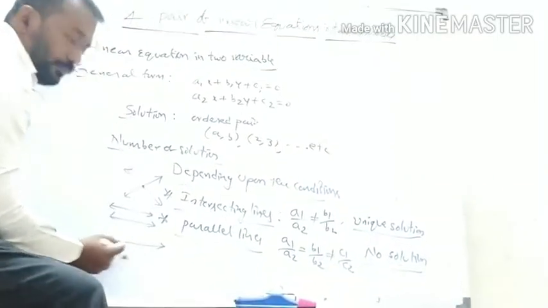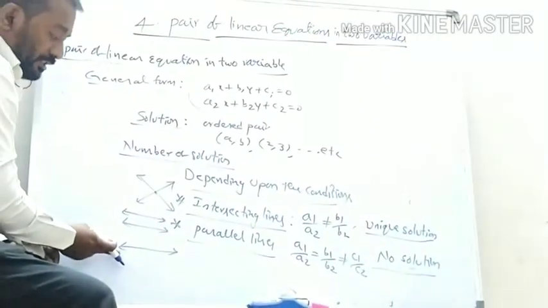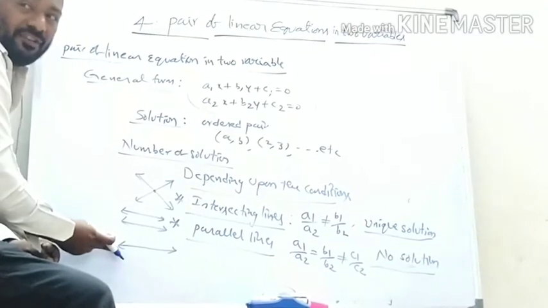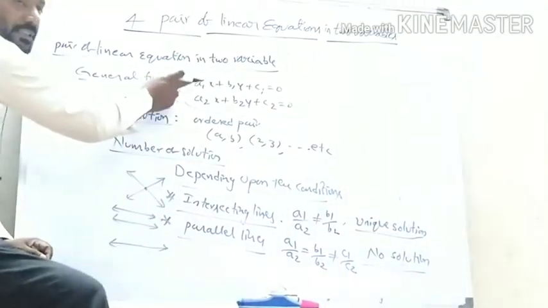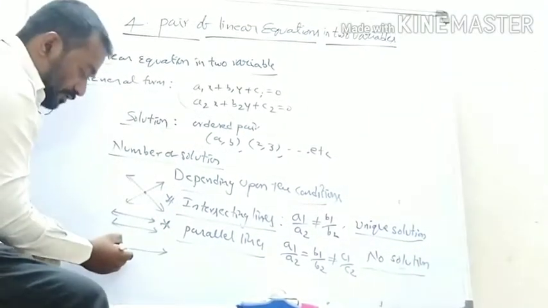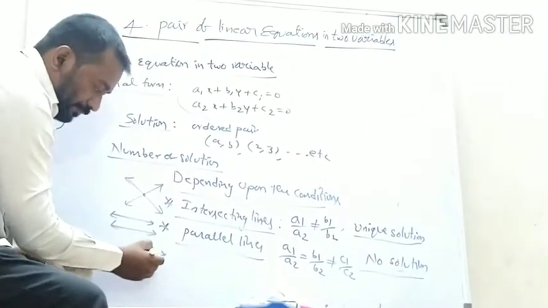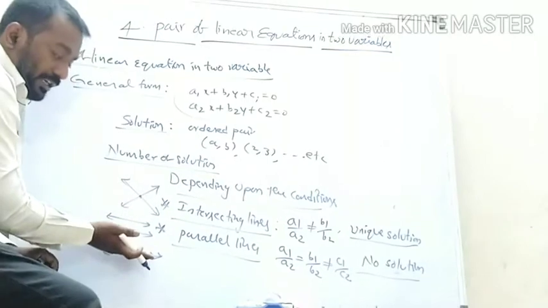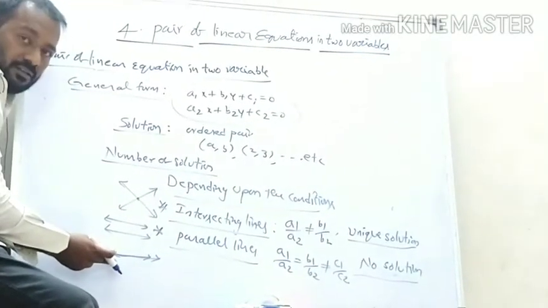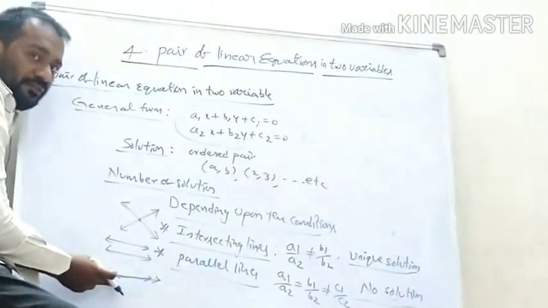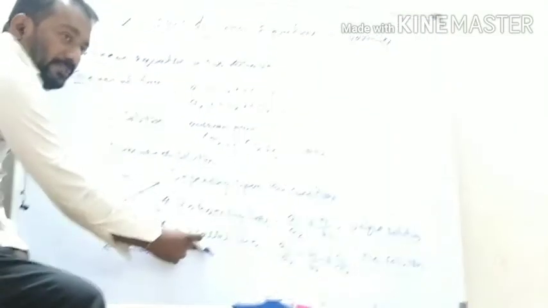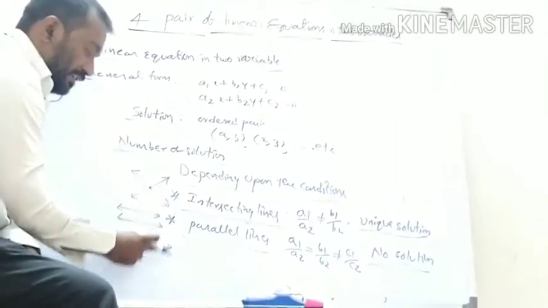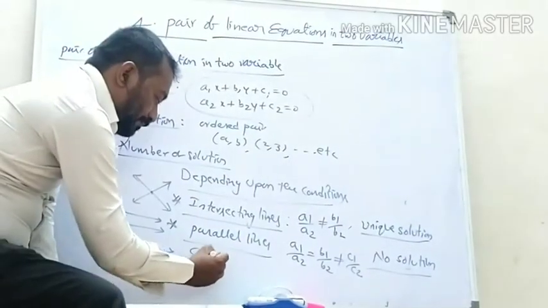The third condition. A linear equation of two variables like this, and the second one is also on the first line only. See, two straight lines. What can we say? Coincident lines. Here the lines are parallel, here the lines are intersecting, and here the lines are coincident.